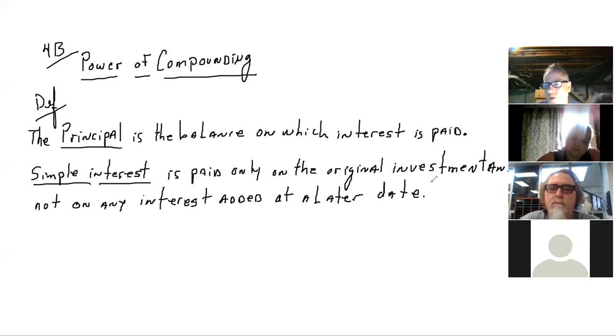But in year two, I would actually start in my account with 1,100 because I would have added on my interest earned for that first year. But the second year, I'm still just getting 10% of my original investment or the principal. And so that's what simple interest is.